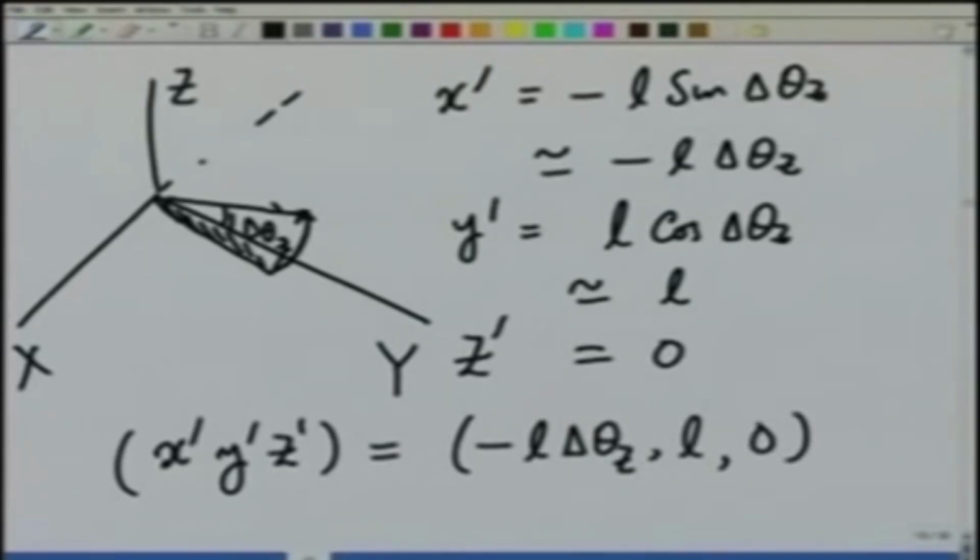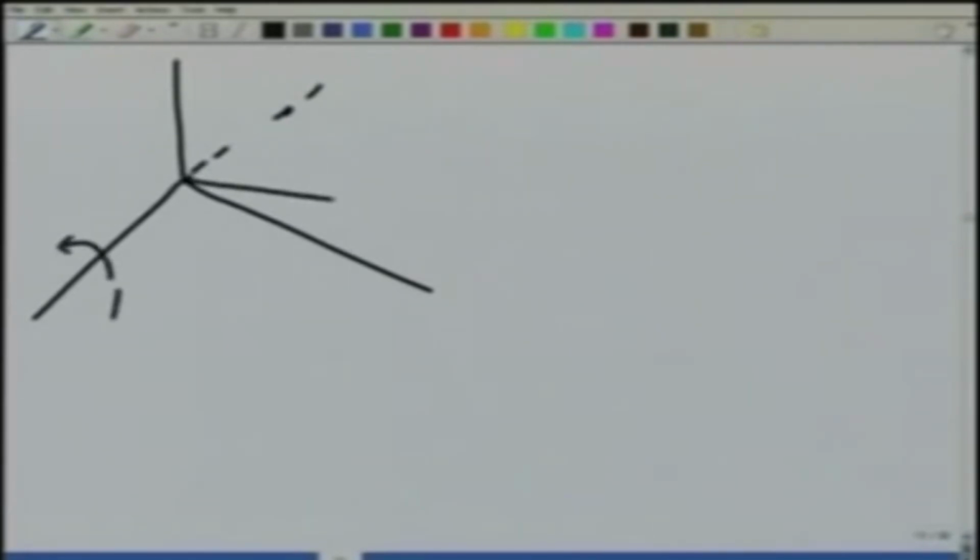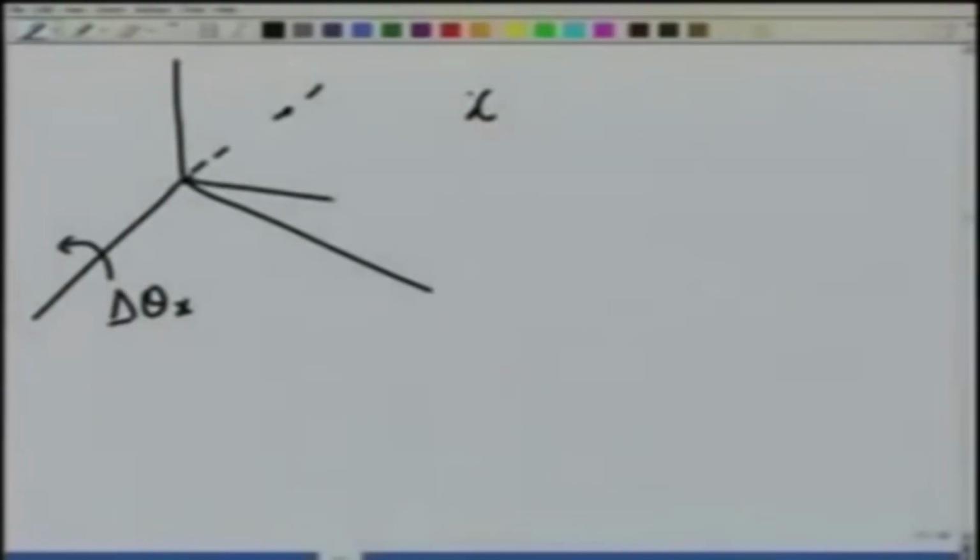Now, let me give it a rotation about the x axis. So, now I am starting with the rod in xy plane like this and give it a rotation about the x axis by amount delta theta x. Since I am giving a rotation about the x axis, the x coordinate cannot change. So, x double prime remains as it was earlier, minus L delta theta z.